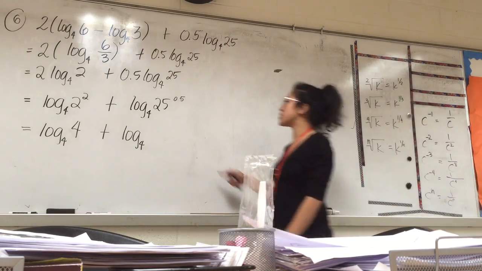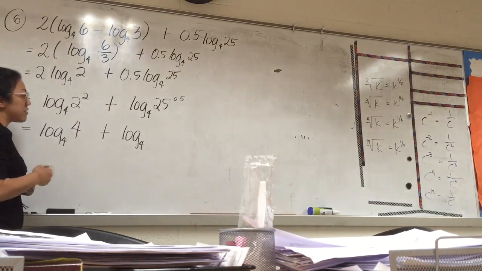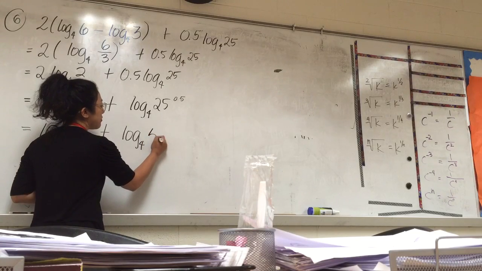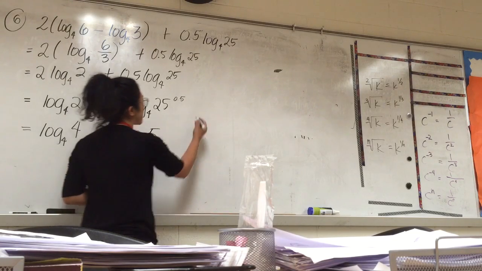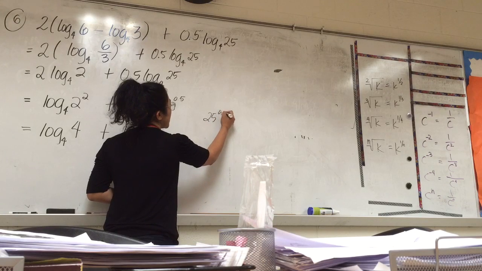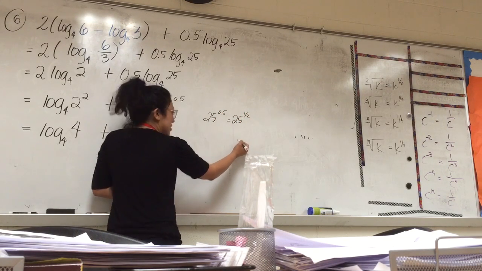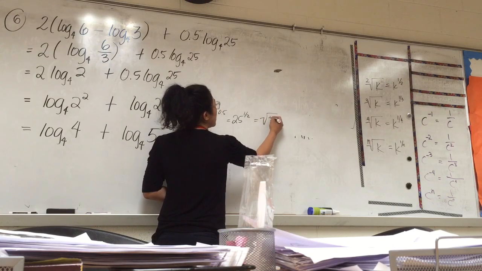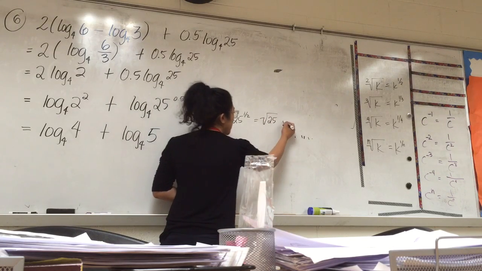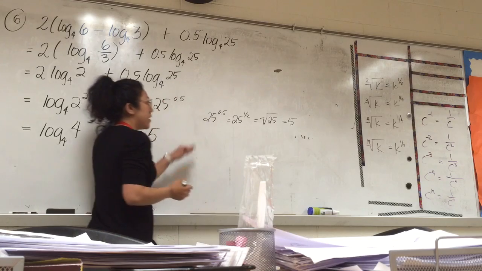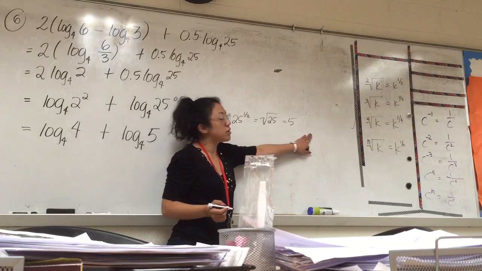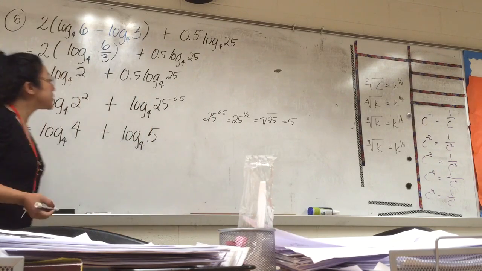So what is the square root of 25? 5. If you need to write some notes on the side, you can say 25 raised to 0.5 equals 25 raised to 1/2, which is the same thing as the square root of 25, which we can simplify to 5. If we need to write these notes down, write it down.